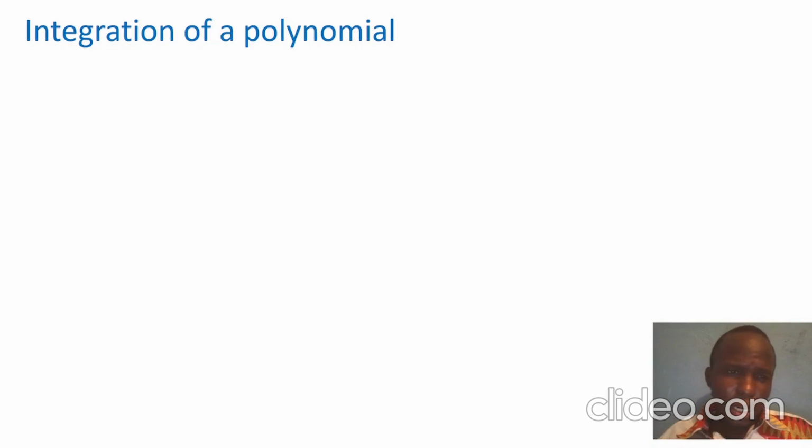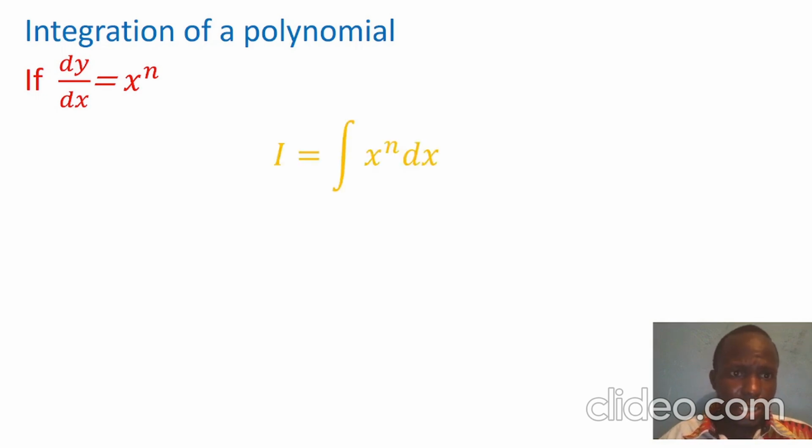Now, like I have said, integration is kind of bringing back the gradient function to its original equation. Now, if dy/dx is equal to a polynomial function such as dy/dx equals x raised to power n, an integral or an integrand is equal to that.